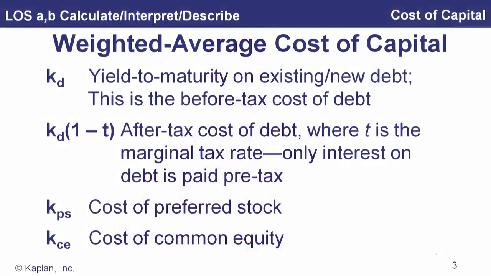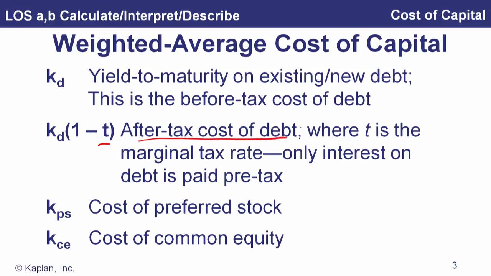And so, as I mentioned earlier, we need to discount these at our after-tax cost of capital. This only changes the required rate of return on debt. So we take the market required rate of return, multiply it by 1 minus the marginal tax rate, in order to get our after-tax cost of debt financing.